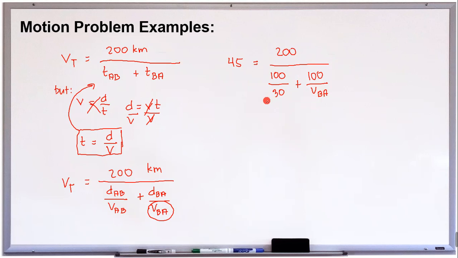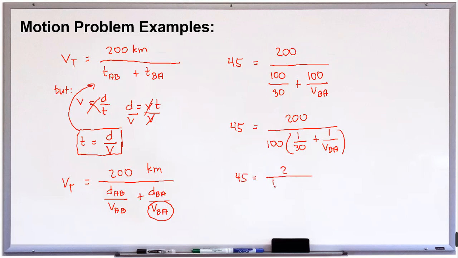Okay, next, in our denominator we can factor out the 100 from the two terms. So we have 100, then what's left is 1 over 30 plus 1 over VBA. And then 200 divided by 100, so that would be 2.